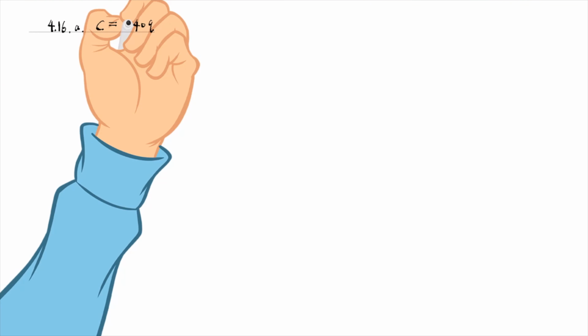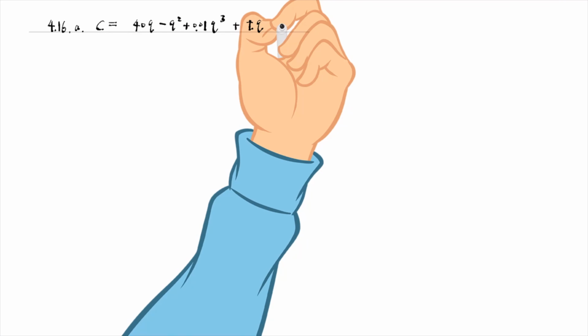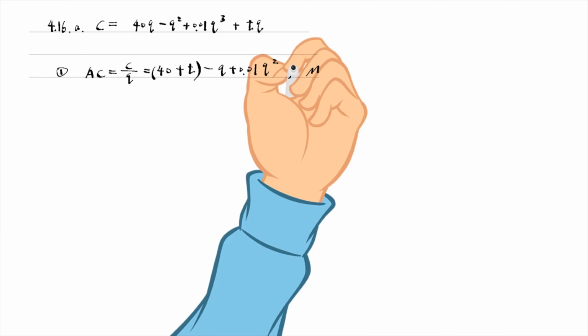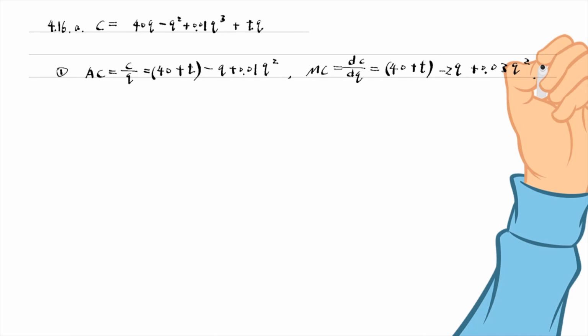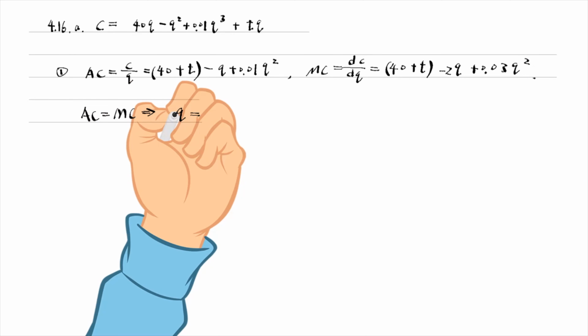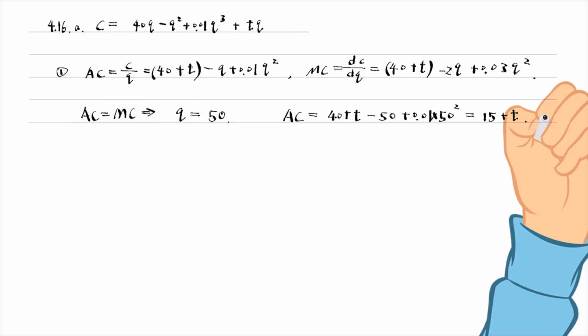We rewrite the firm's cost function and repeat the same 3 steps as in the previous exercise. In the first step, we find the competitive firm's long-run average cost and marginal cost functions. We use the fact that the firm's marginal cost curve cuts the average cost curve at its minimum to find the firm's minimum average cost.